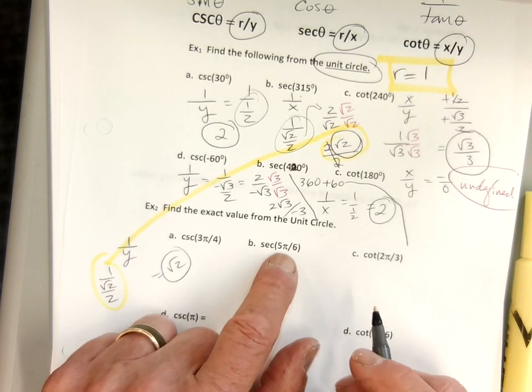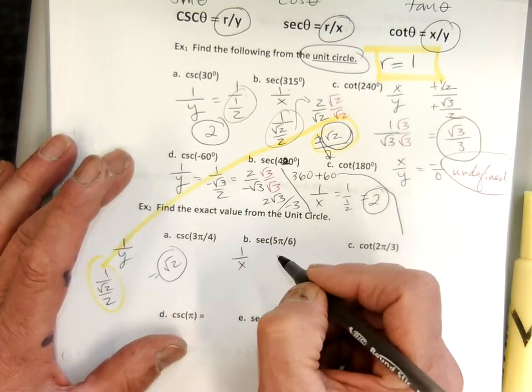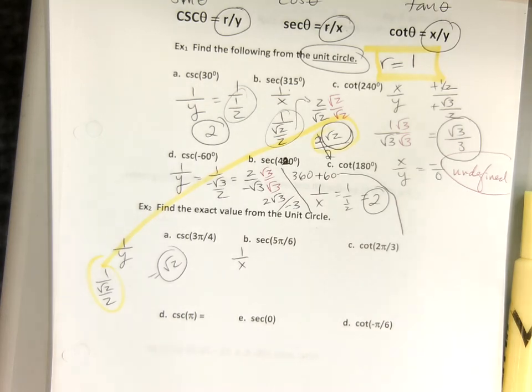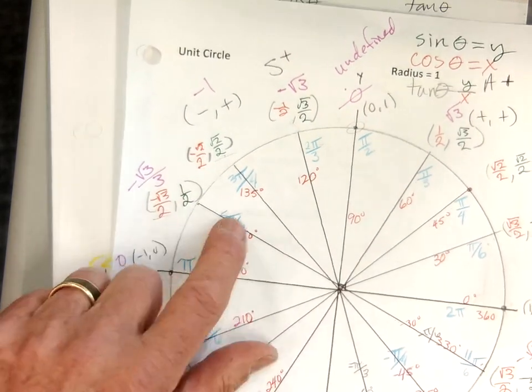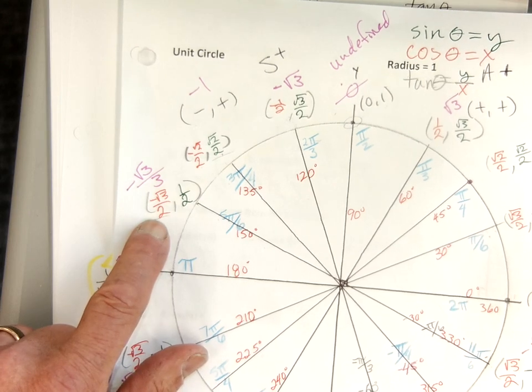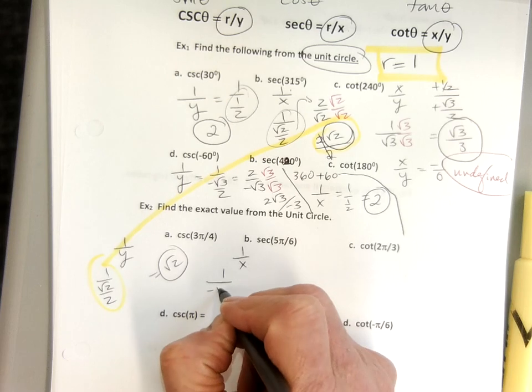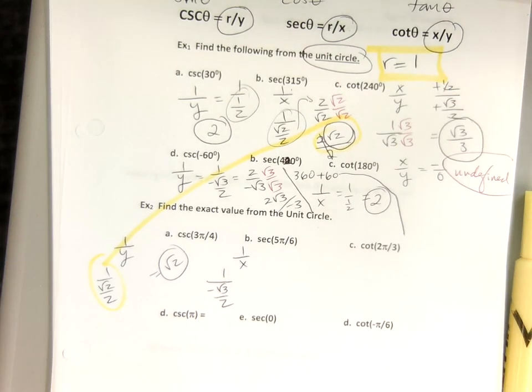Okay, secant. 1 over the x. 5 pi 6 is here. The x is negative square root of 3 over 2. So we go 1 over negative square root of 3 over 2. And I think I've done that work too, haven't I? You see that one somewhere?